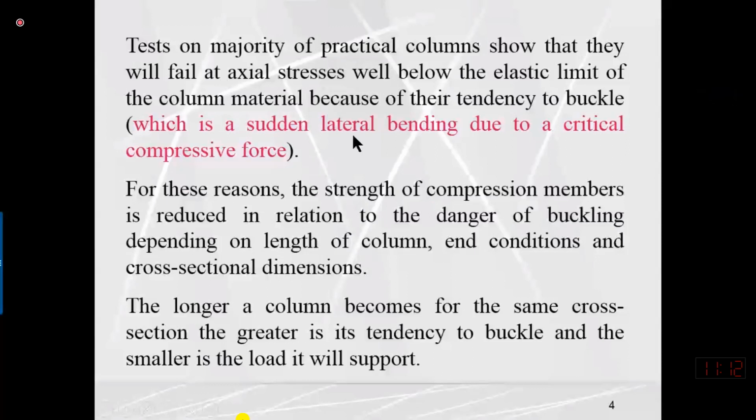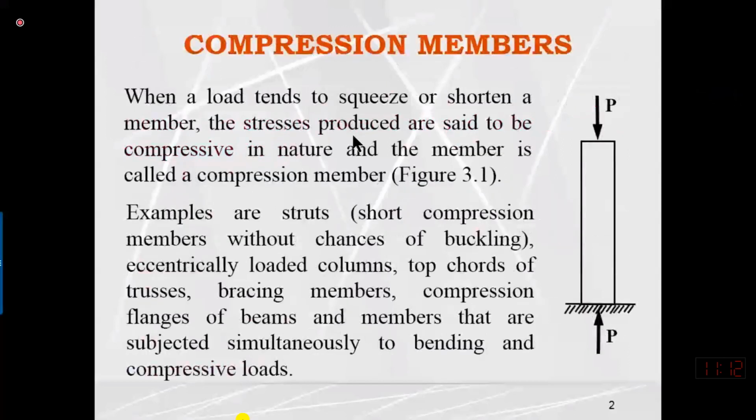And this buckling is also sometimes referred to as elastic buckling. I would like to explain it again with the same numbers. Assume that the cross-section area of this column is equal to 1 millimeter square.